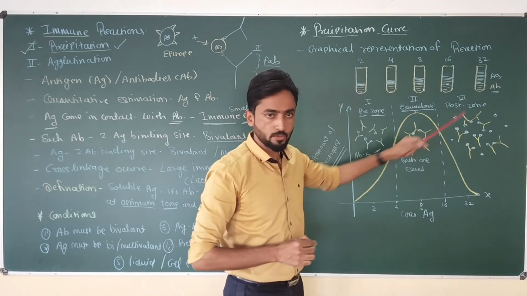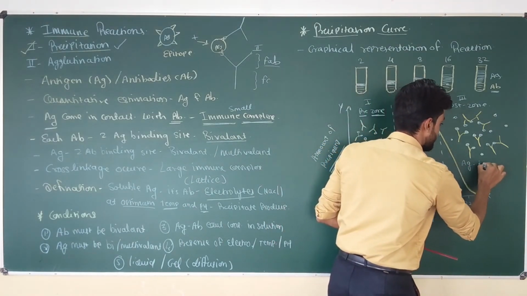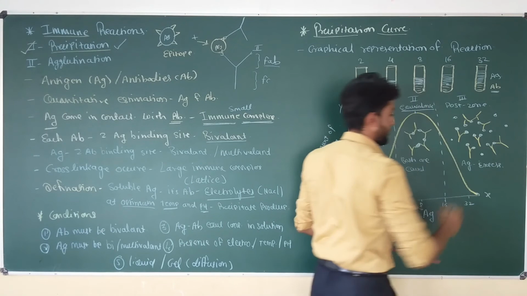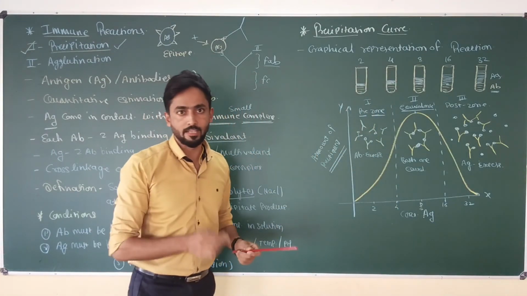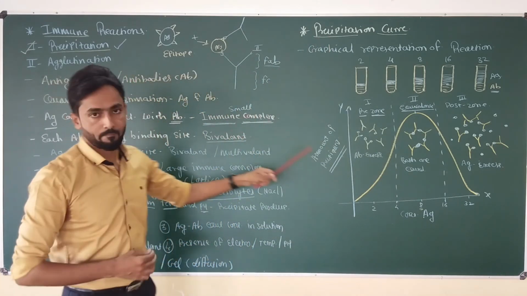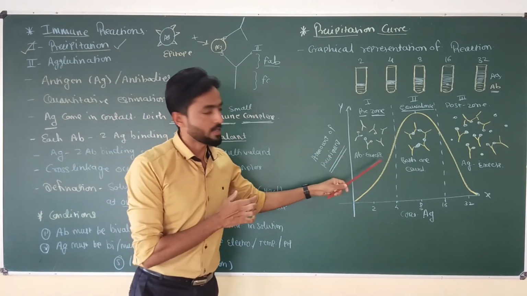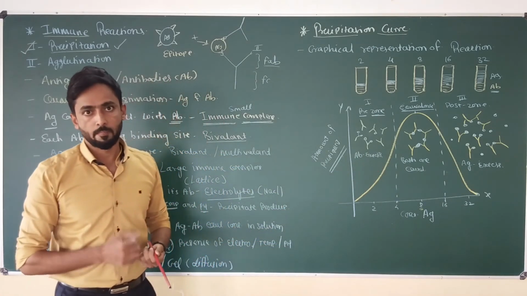And in the post zone, antigen is in excess. So with the help of this diagram, you can study the precipitation reaction well. You have to understand this diagram before starting the study of precipitation reaction.